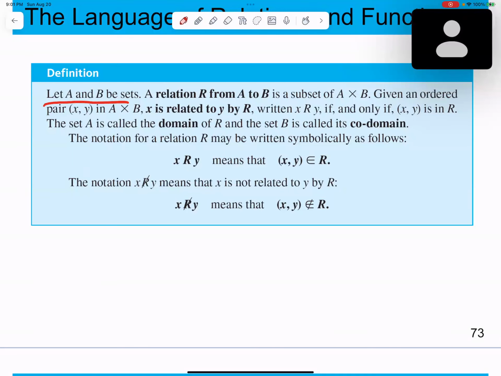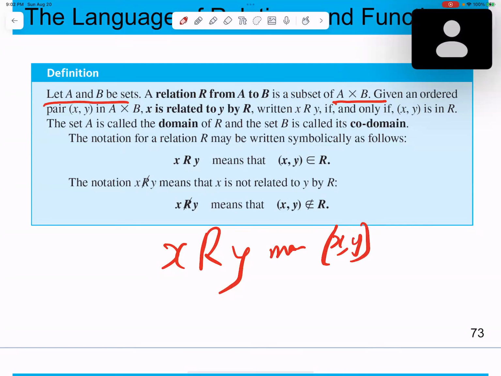A relation R from A to B is a subset of the Cartesian product. And it's written as x R y. It means that the ordered pair containing x and y is in that relation.